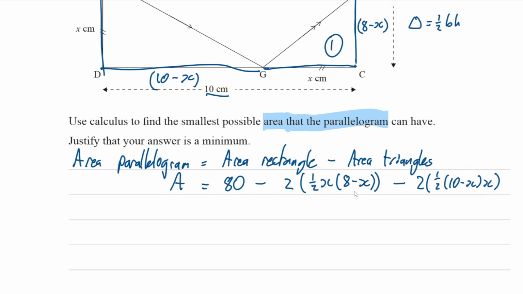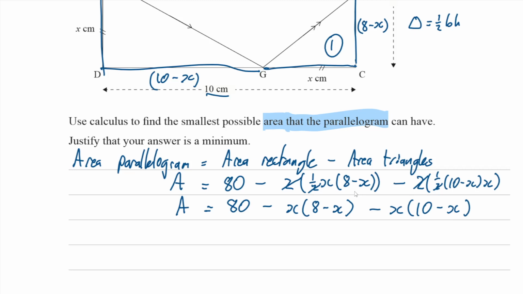Looks a bit messy though, so let's simplify it. 2 times a half, that's great. So we're left with x times 8 minus x. Same over here, we're left with, I'll put the x at the front now, x and then 10 minus x. Looking better. I can see if we expand, we'll have some like terms.